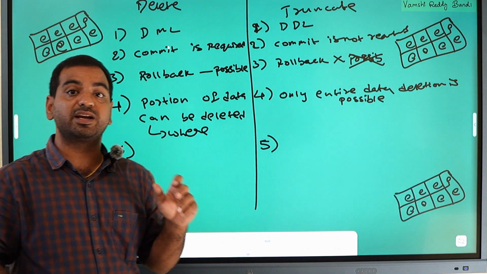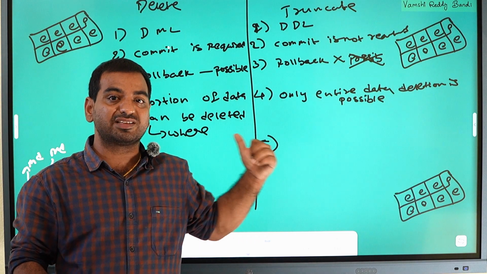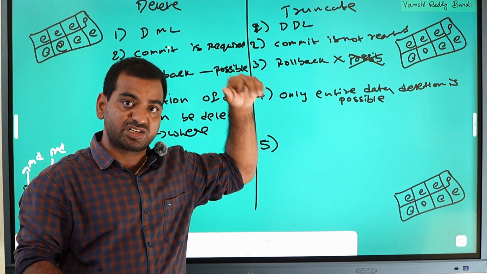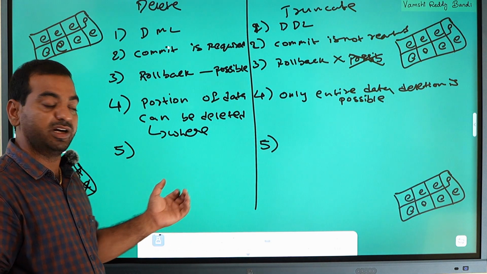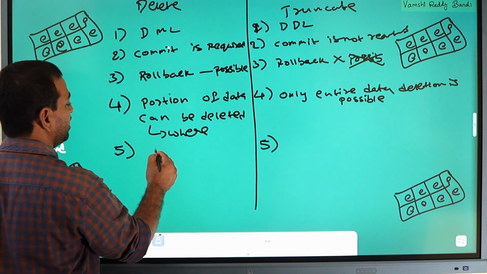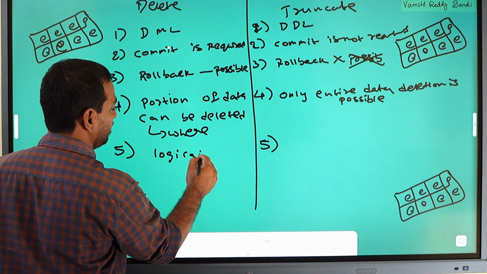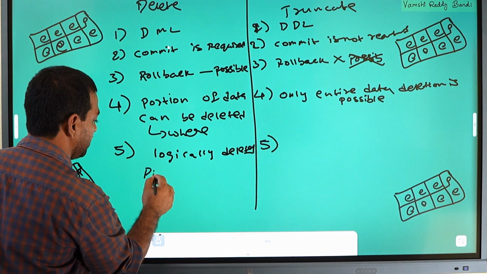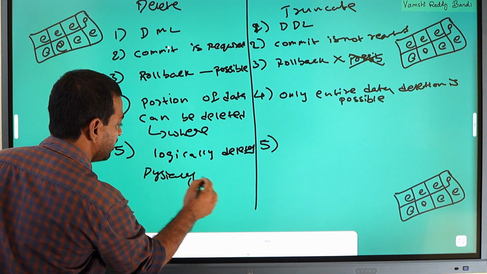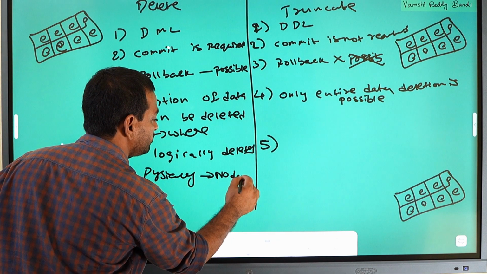But when you go and check in the DBA underscore segments for the size of the employee table, you will still see that there is size occupied. 8 blocks are occupied by the EMP data. That is because it is logically deleted, but physically not deleted, not cleared.